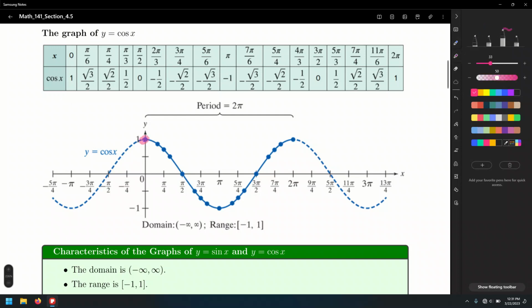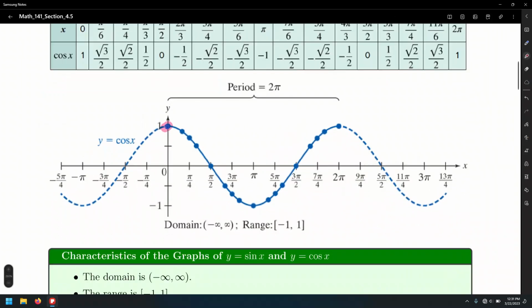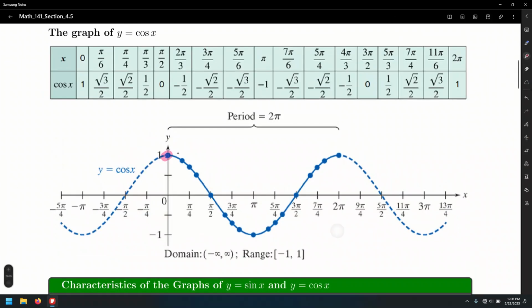All right, and then, for pi over 6, that's root of 3 over 2. It starts decreasing instead, then increases. So it first decreases and then increases, as opposed to the sine function that first increases, then decreases, and increases once again. All right?